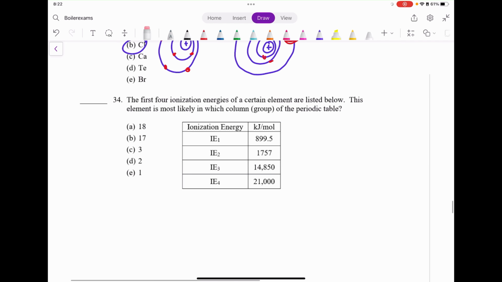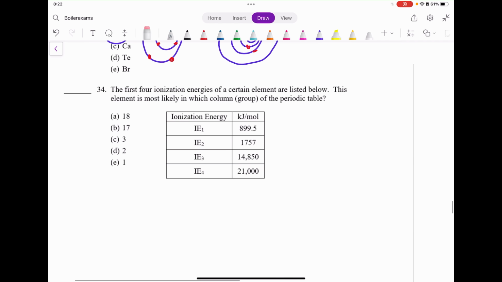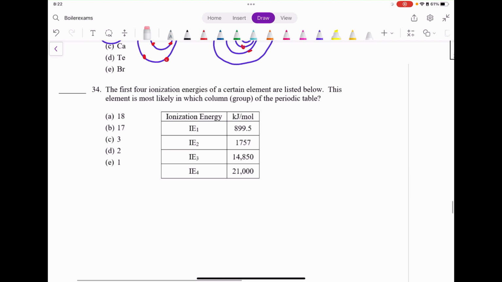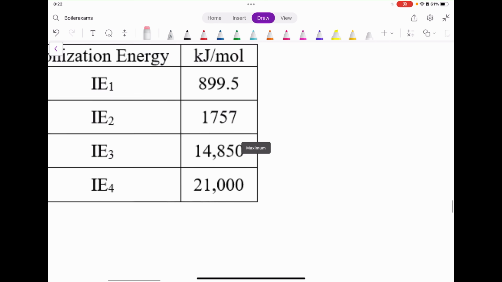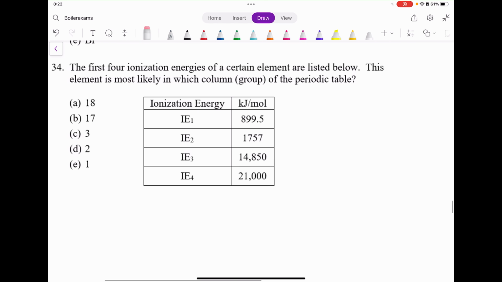34. The first 4 ionization energies of a certain element are listed below. This element is most likely in which column of the periodic table? Okay. When we're looking at the ionization energies, you've got to recognize when ionization energies are similar to each other, because that implies that they're probably in the same orbital.